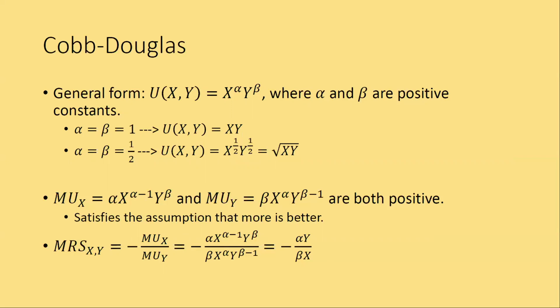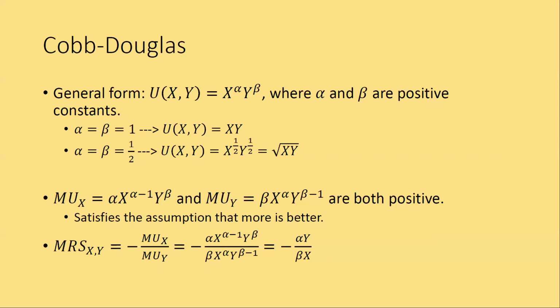We can also derive the marginal utility of this special preference. The marginal utility of x is alpha times x to the power of alpha minus 1 times y to the power of beta. And the marginal utility of y is beta times x to the power of alpha times y to the power of beta minus 1. Both of them are positive, and here we are applying the partial derivatives to our utility function.